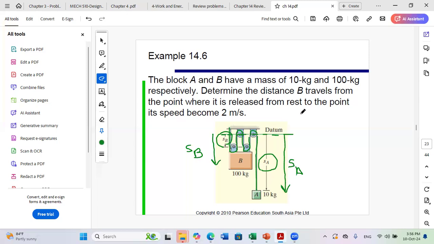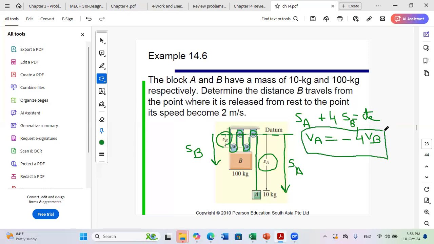So my equation is SA plus 4SB equals a constant. And this will allow me now to relate my velocities. So I can say that VA equals minus 4 VB. So this is the first relation that I have.